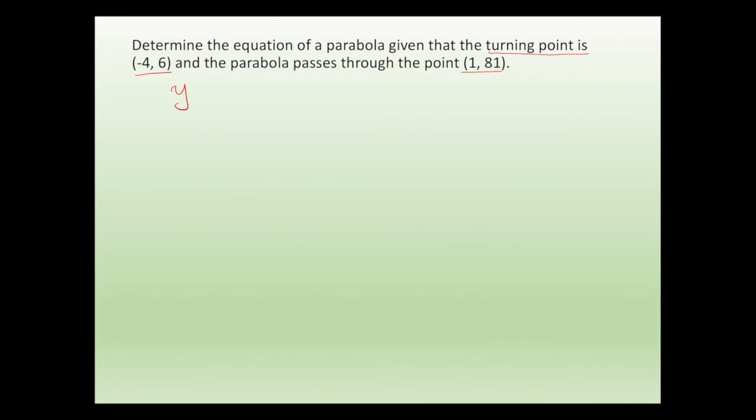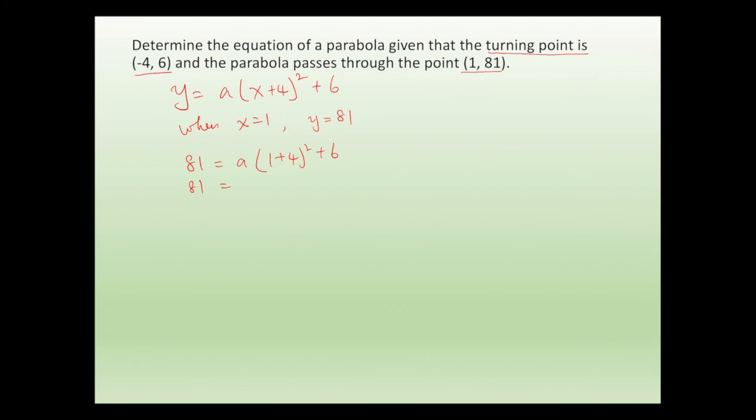So the turning point form is y equals a(x plus 4) squared plus 6. When x equals 1, y equals 81. Therefore, substituting, 81 equals a(1 plus 4) squared plus 6.